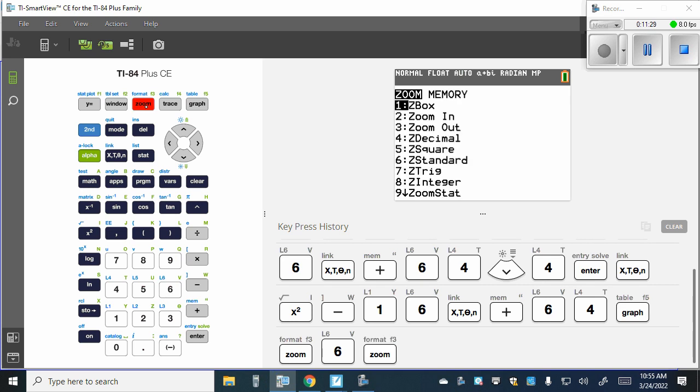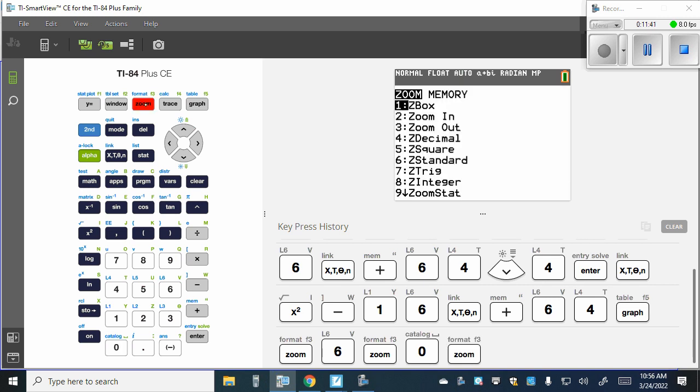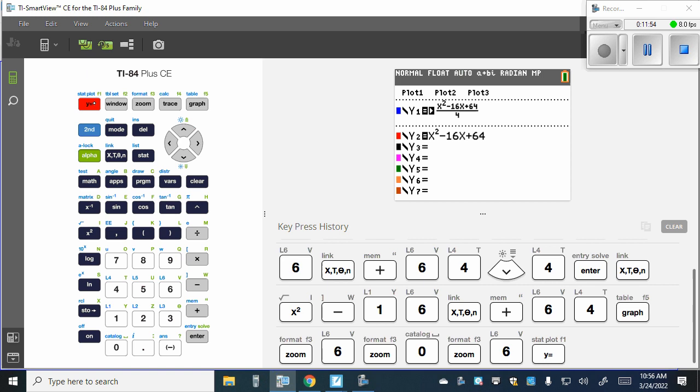I don't like using fit, but it does something like this. Let's go back to standard, because this has the same x-intercept. It's going to cross at the same spot.